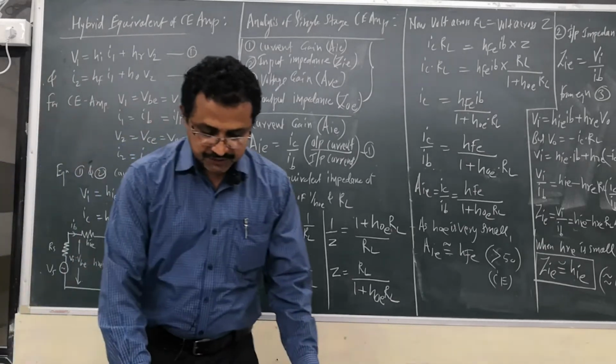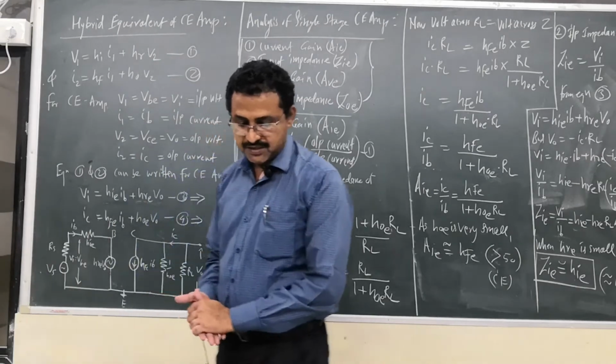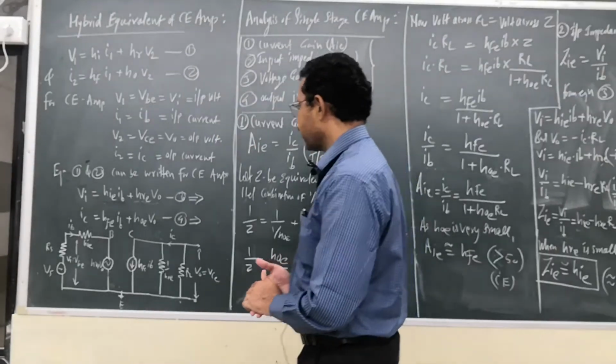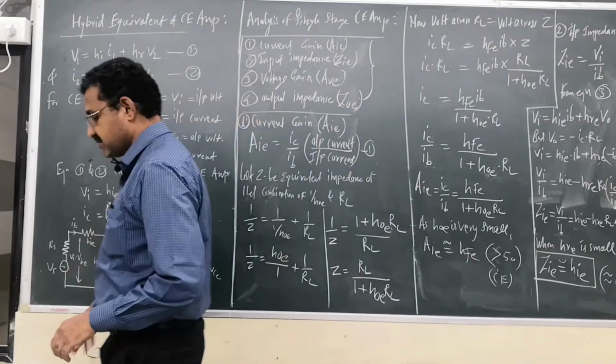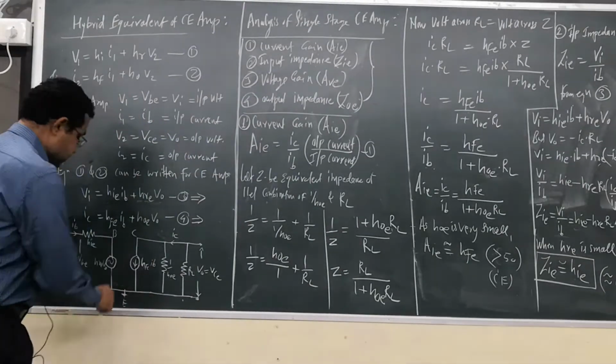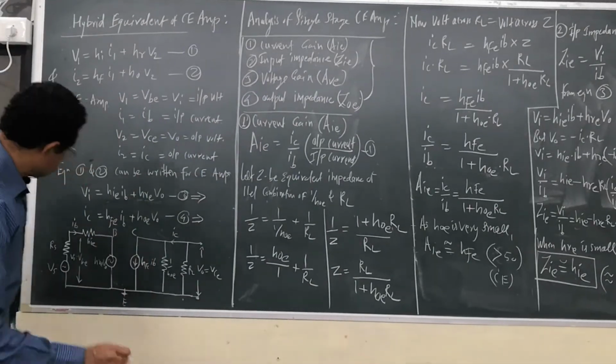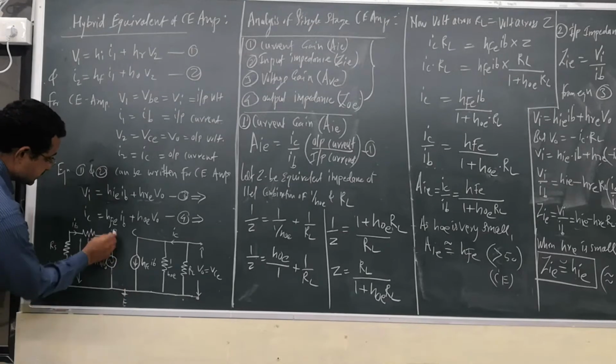If you look at equation number 3, it shows the base emitter circuit with input voltage. This is the base emitter voltage, this is the base emitter junction.